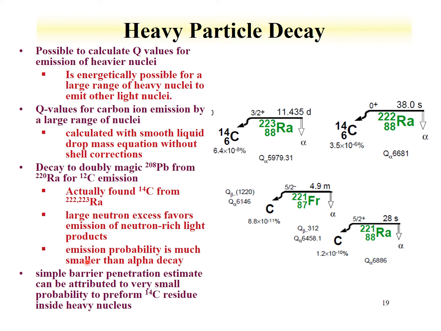Now this emission probability, if you look at the table of the isotope data, is extremely small compared to alpha emission. The barrier model that we discussed, however, can be applied, except the only difference between alpha particles and carbon nuclei would be their mass. And also, the probability of the preformation of a carbon-14 residual inside of a heavy nucleus is also small. So that's why we get very small probabilities.